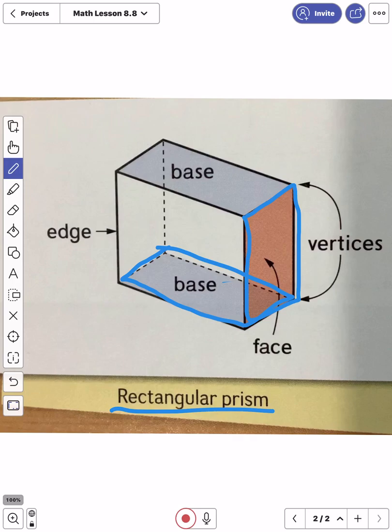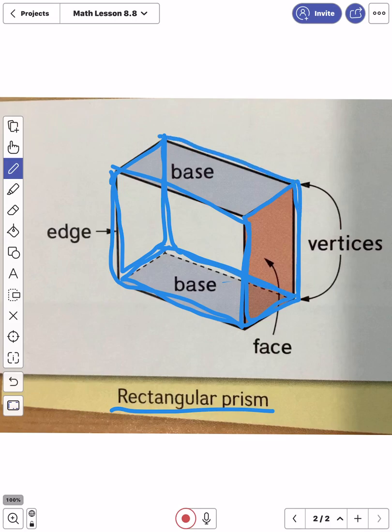It has 4 faces. So this one that the arrow is pointing to, the face that's opposite that, this is a face, and then opposite that is the 4th face. We've looked at the base being a rectangle, and then its opposite side is a base as well.